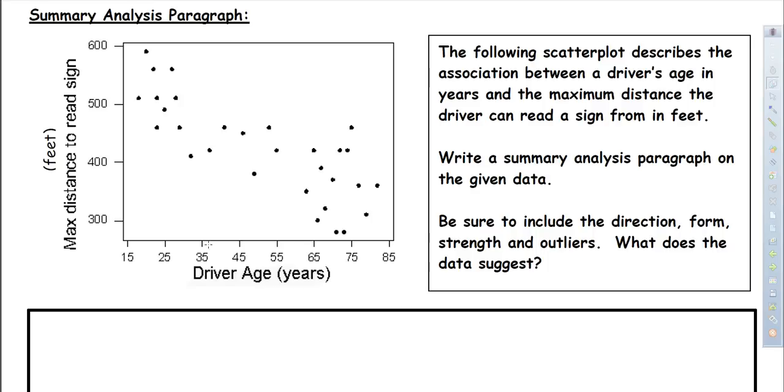As a driver's age increases, what's happening to the maximum distance that the driver could read a sign from? It's going down, right? So this says that, and that's what it's saying. So I want you to pause the video a minute, write a little summary analysis, and then compare it to the one I put up. So pause the video and write one. All right?